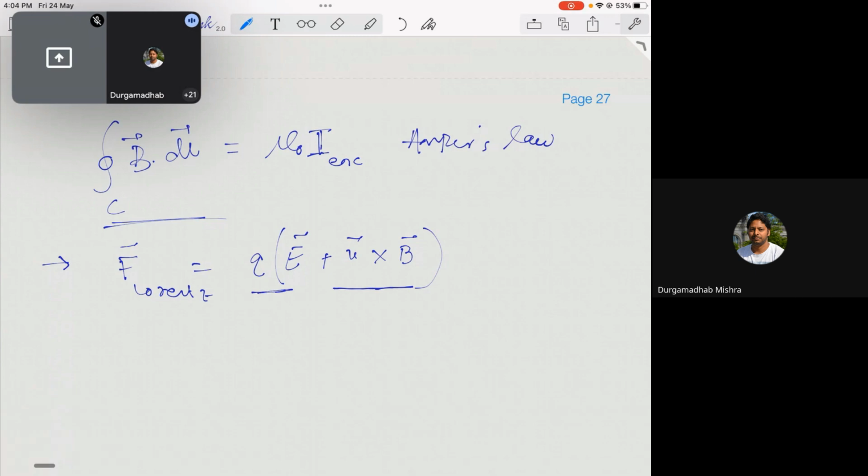But in case of a magnetic field, the charged particle should be in motion. Then only you will have a magnetic force on the charged particle.